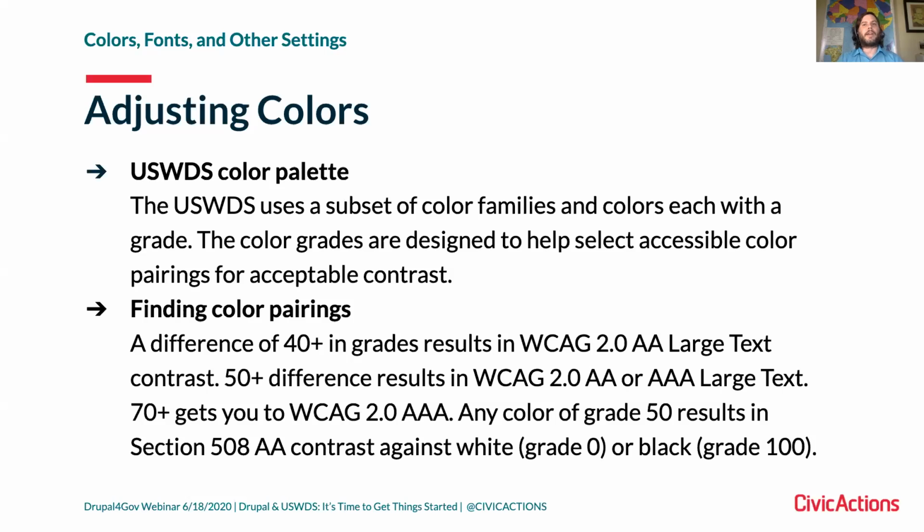And any color that is a grade 50 results in a Section 508 AA contrast against white or black, so that's grade 0 or grade 100. So any color that's grade 50 will have acceptable contrast as long as it's on a background of pure white or black.